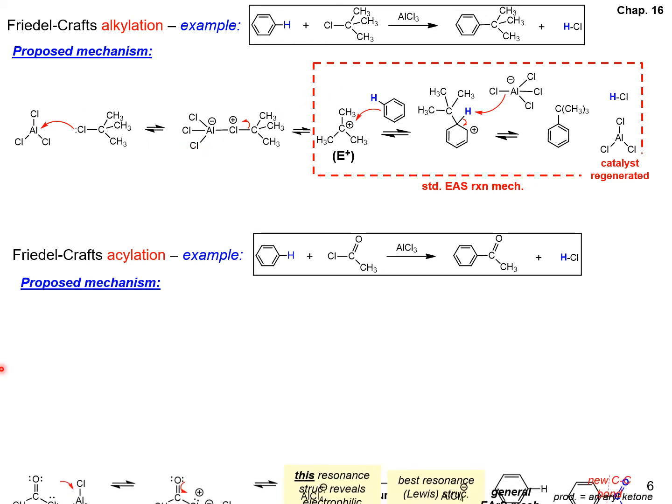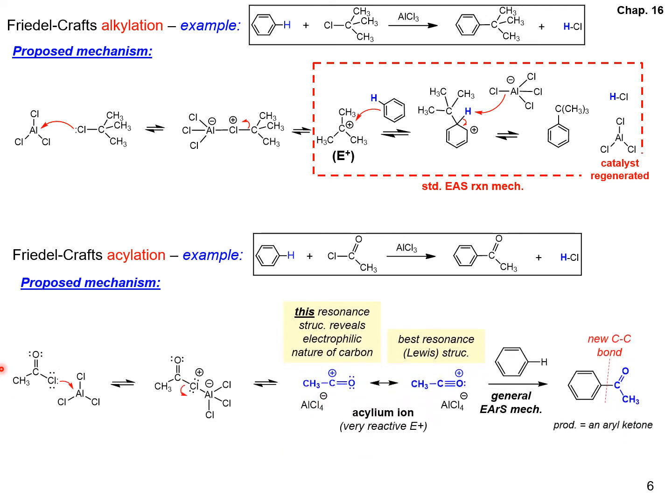For Friedel-Crafts acylation, the mechanism is similar. We have the acid halide reacting with the aluminum trichloride catalyst. You make the aluminum chlorine bond, you break the carbon chlorine bond, and you end up with the acylium ion, a very reactive electrophile.